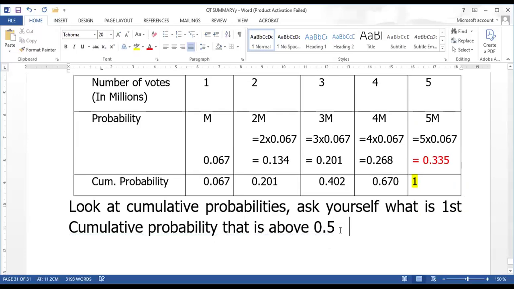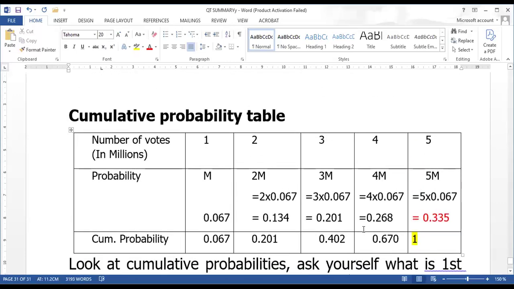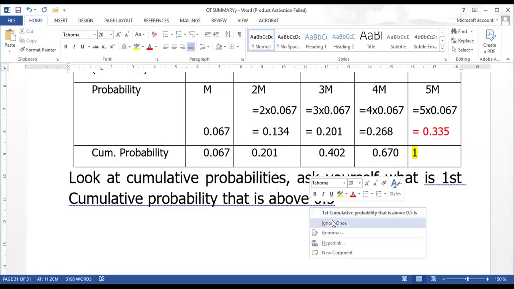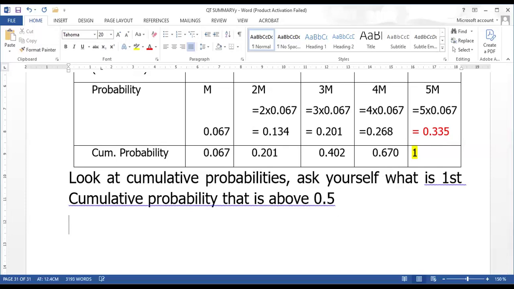On column 4. So our median value will be equal to 4. That will be our median.